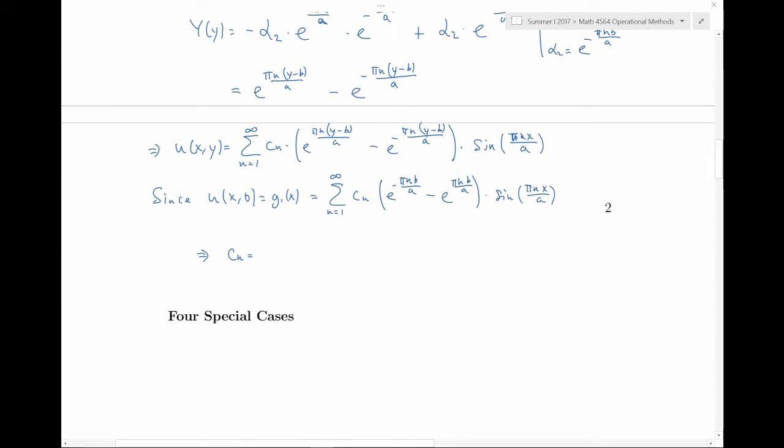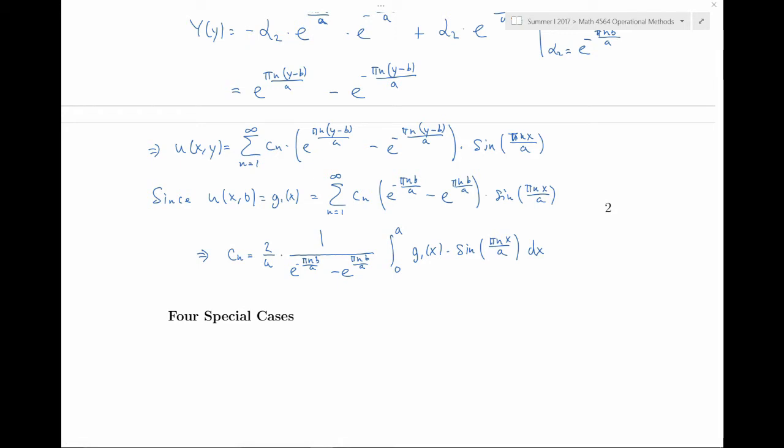So it's going to be 2 over the length of the interval, which is 2 over a, times 1 over e to the minus pi n b over a minus e to the positive pi n b over a, the integral from 0 to a of g1 of x times sine of pi n x over a dx. Once we find the coefficient Cn, we plug them into the sum, add up the functions, and we get the full solution.